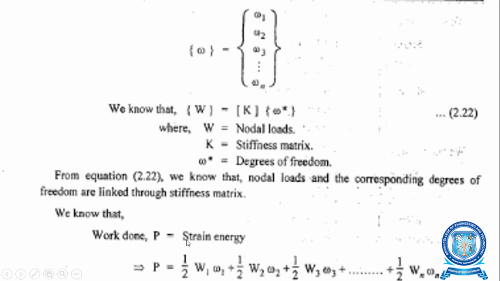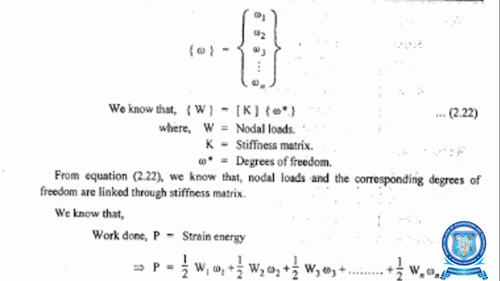Work done P is equal to strain energy. P is equal to 1 by 2 into W1 omega 1 plus 1 by 2 into W2 omega 2 plus 1 by 2 into W3 omega 3 plus up to 1 by 2 into Wn omega n. We can write the above equation in matrix form.